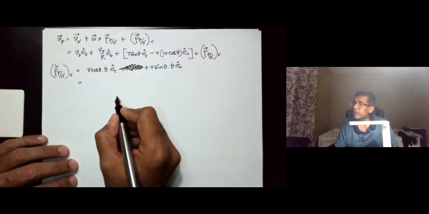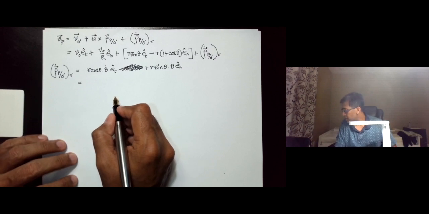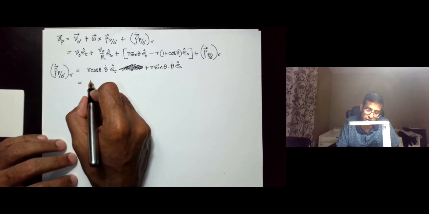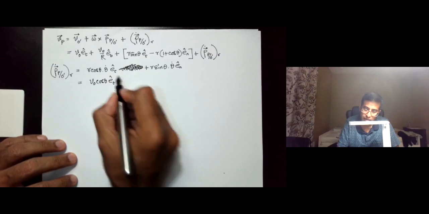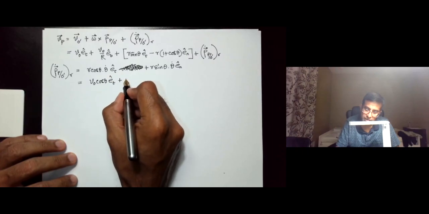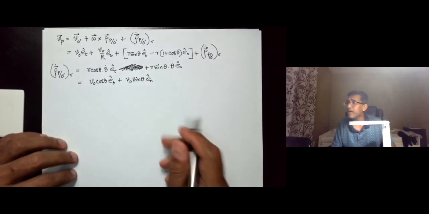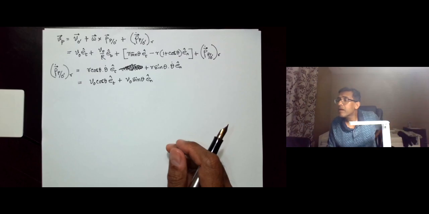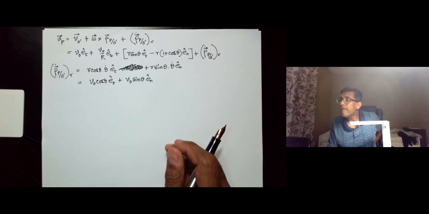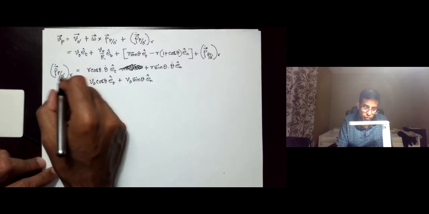So substituting for theta dot, theta dot was V0 over small r, so I have V0 cosine theta ET plus V0 sine theta EN. So that's the expression of rho dot r.